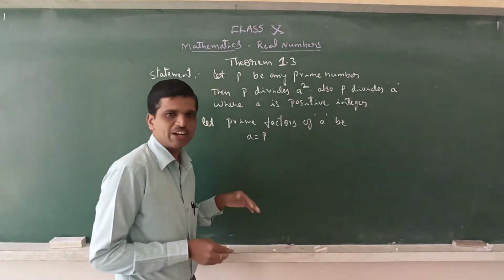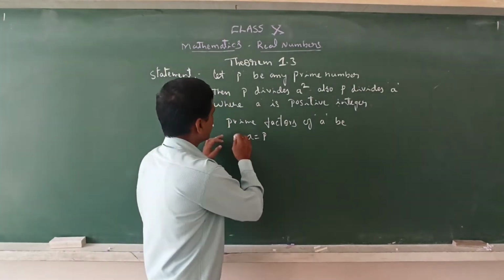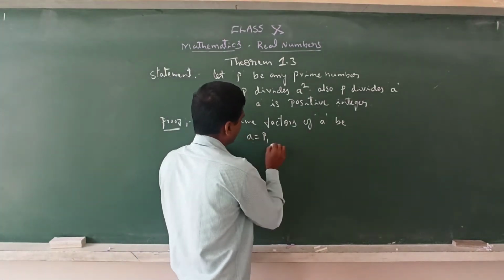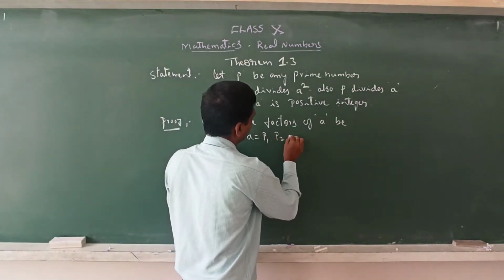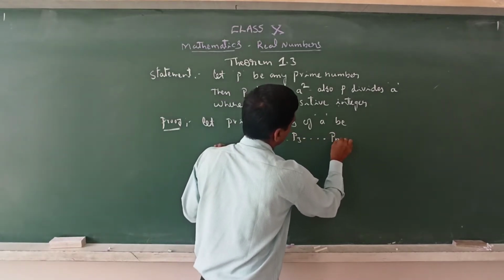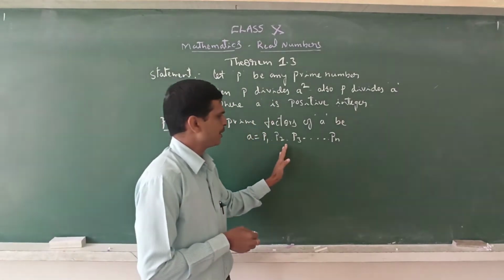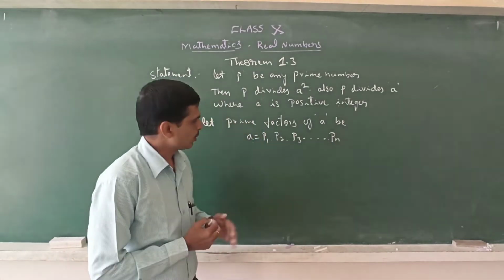Using our previous theorem, the Fundamental Theorem of Arithmetic, a is equal to P1, P2, P3 and so on up to Pn. What do you mean by P1, P2, P3 up to Pn?